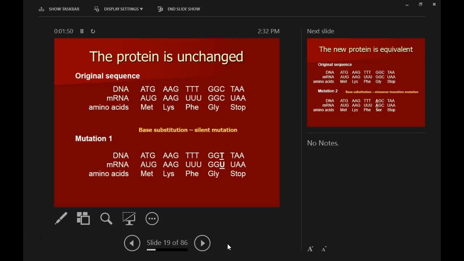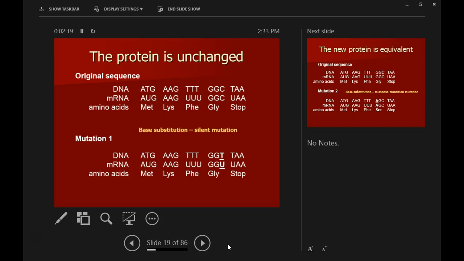As you can see, we have a GGC. And if you look at the mutation down here, this is a GGT. Now, what you're looking at is an example of a base substitution, where we've had an incorrect base, a T, has replaced the normal C. Right? So hence, the general classification is this is called a base substitution.